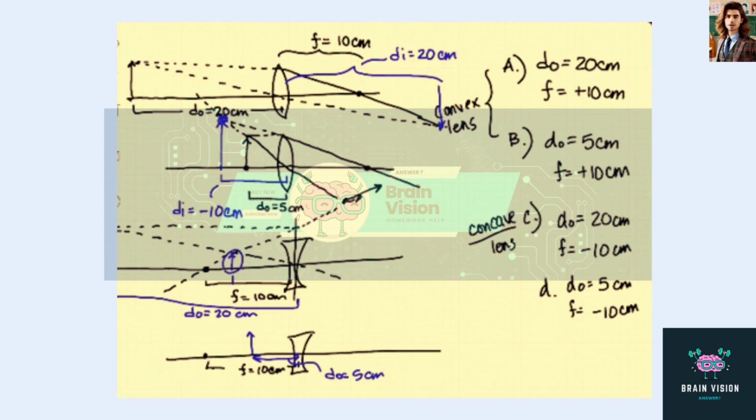That distance we can measure to be 6.7 centimeters. The fact that we got a negative here just tells us that it's on the left side of the lens.